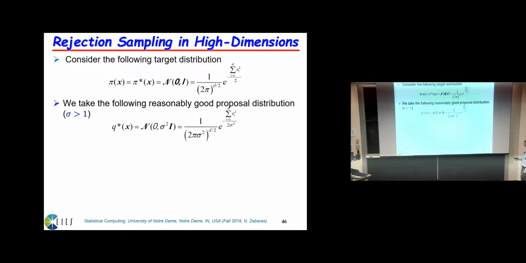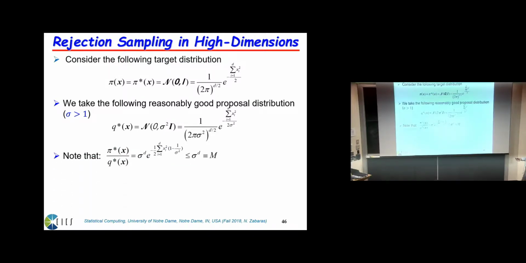So I'm going to take a proposal distribution, another Gaussian, that has a variance sigma squared I, where sigma is greater than 1. Will you agree with me that if I take the ratio of the two, because sigma is greater than 1, it will be on the top? I want to see what that gives me in d dimensions.